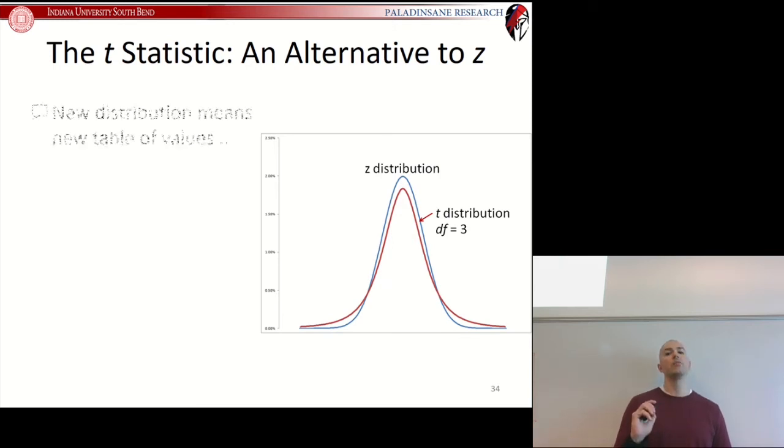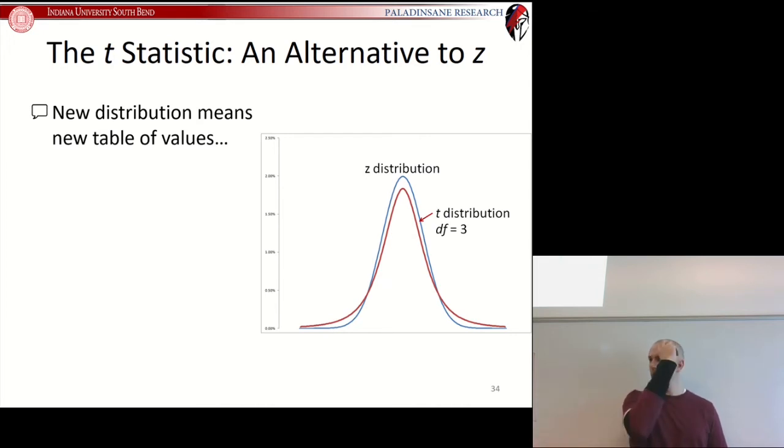And we have this new distribution, which means that we now have to flip to a new table of values. So much like the z distribution, statisticians have figured out everything we need to know about this t distribution, and they put that information into our t distribution table.